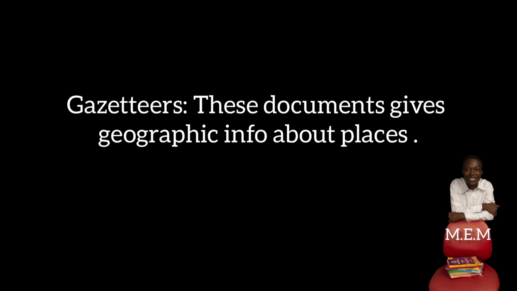Gazetteers give geographical information about a particular location. It's different from a travel guide. A travel guide might contain information aside from geographical information, but a gazetteer contains geographical information about a particular location.